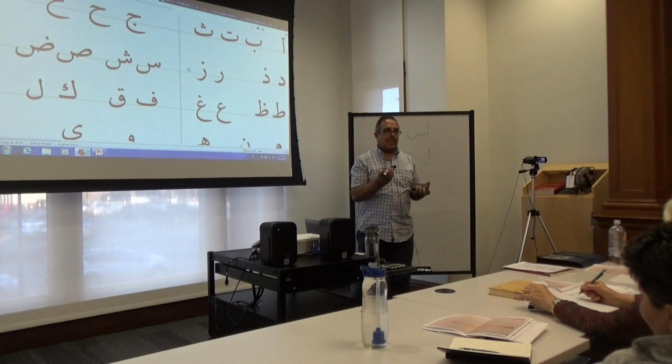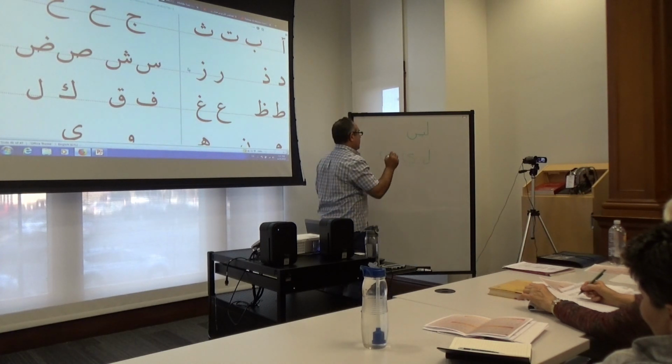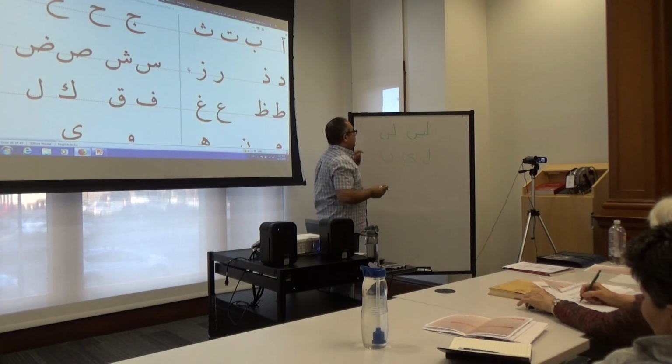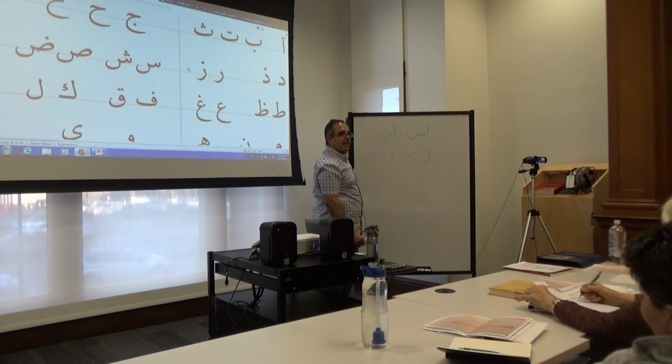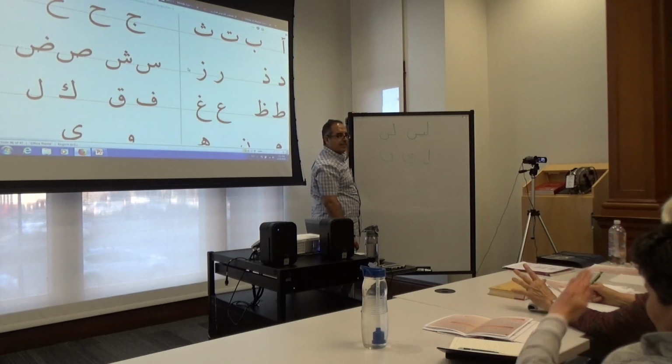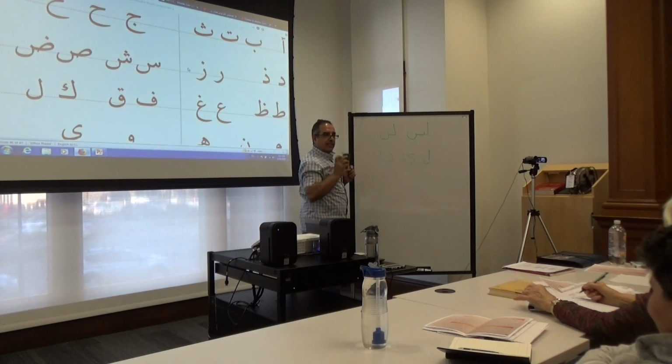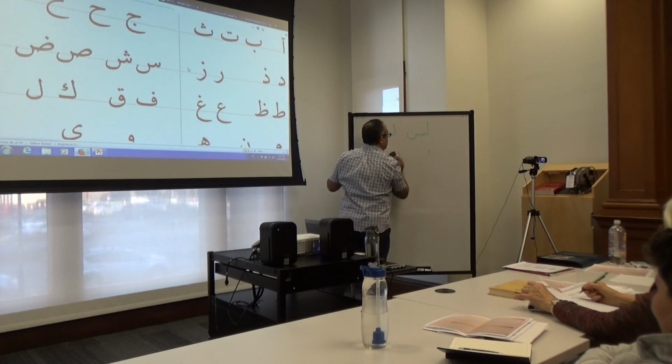Well, it's not really ya, because if we want to write len, it is lam and noon. Right? So how do we say it? How do we read this? Is it lan or lon or lin? How do you know? You must have a soft vowel. We must have something else to tell us how to pronounce that, right?